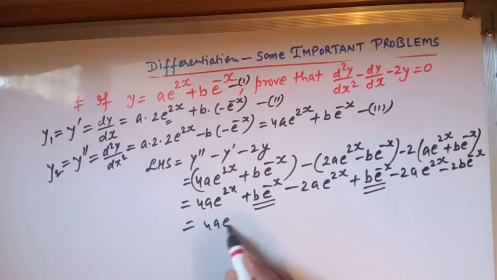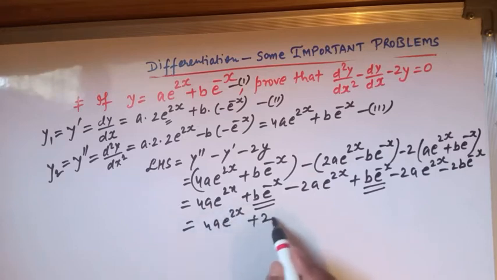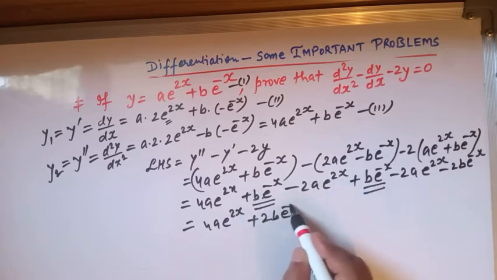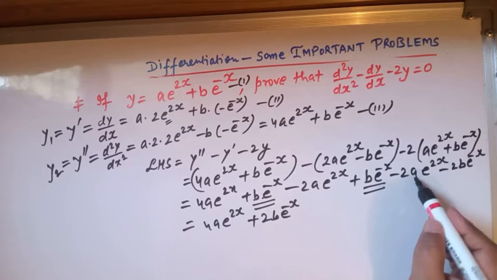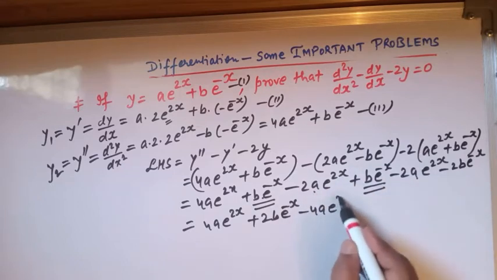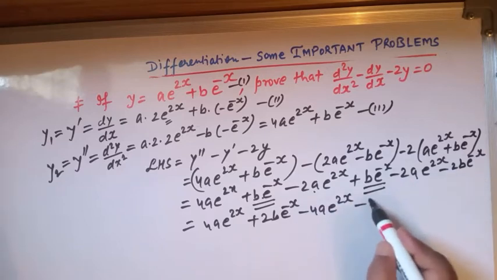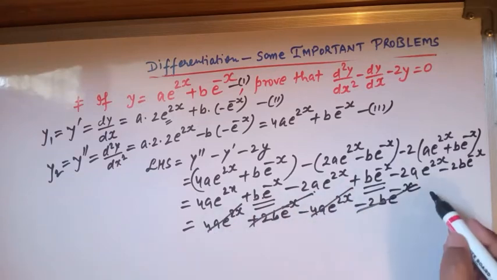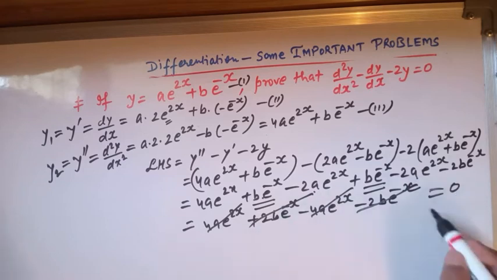So we have 4a e raised to 2x, plus this and this are added, 2b e raised to minus x minus 2a e raised to 2x, and this will be added here, and we have minus 2b e raised to minus x. So here we see that this and this get cancelled. Similarly, this and this get cancelled. We are left with 0, which is the value of RHS. And this is how we do this question. Clear?